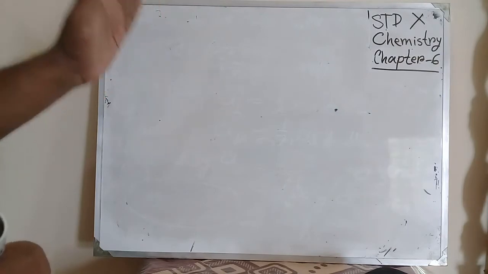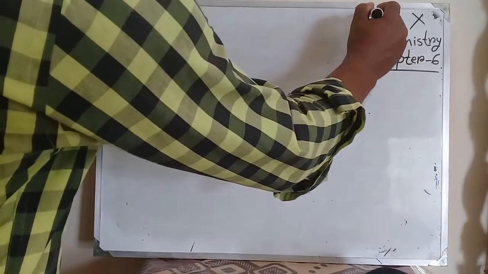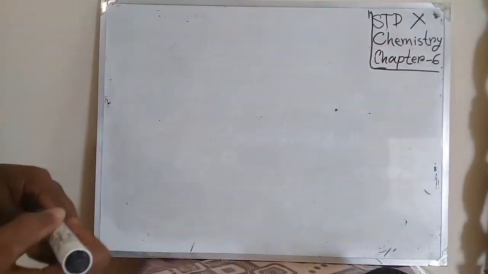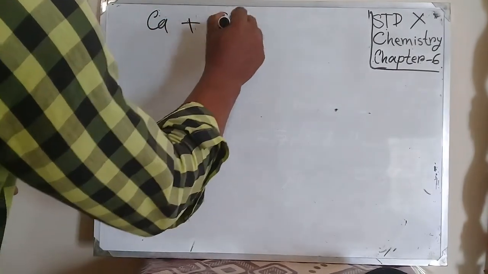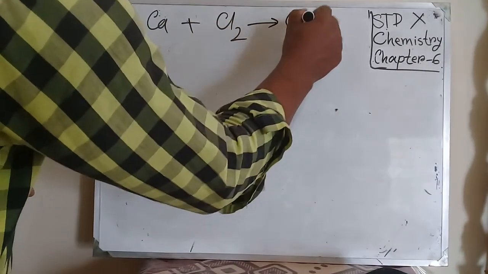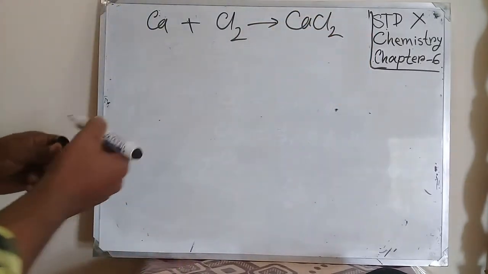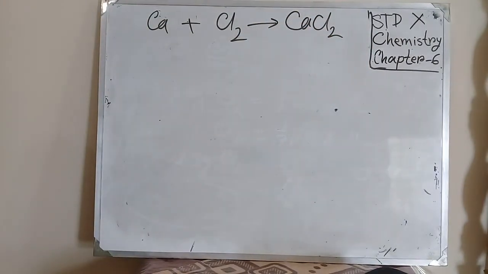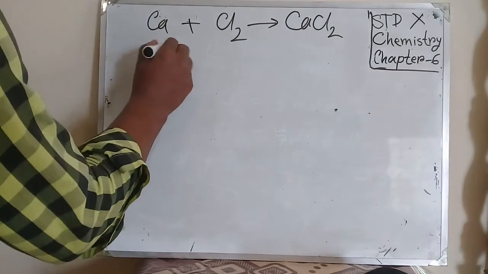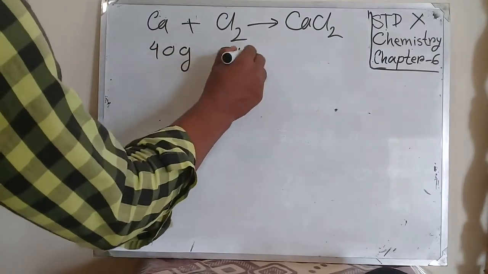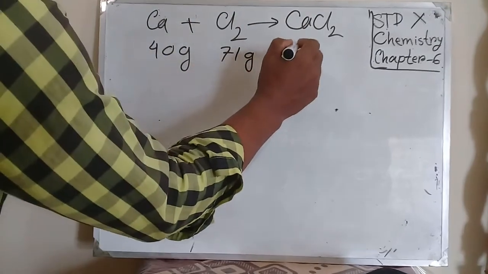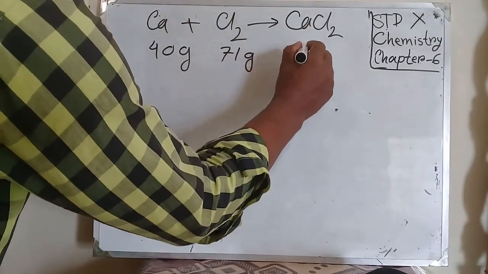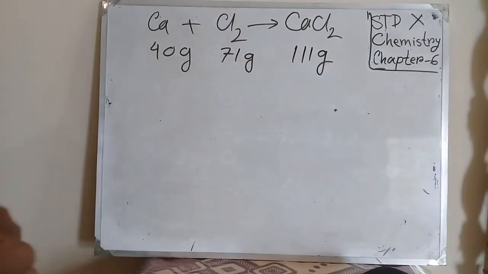We'll find out now. For solving this problem we need to write the reaction again. And what is the reaction? Calcium plus chlorine gives calcium chloride. Similarly here 40 gram and 71 gram, total 2 atoms of chlorine, and here 111 gram calcium chloride.